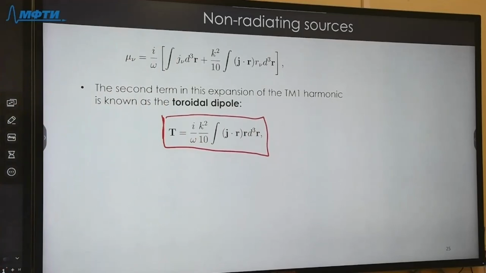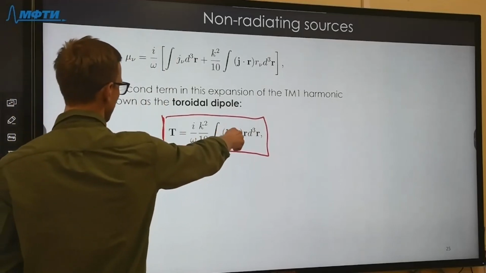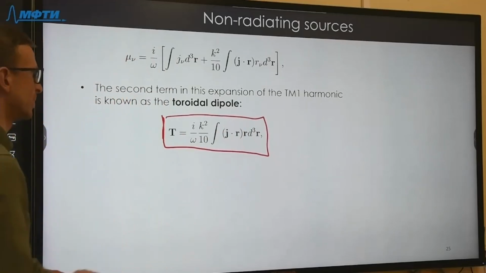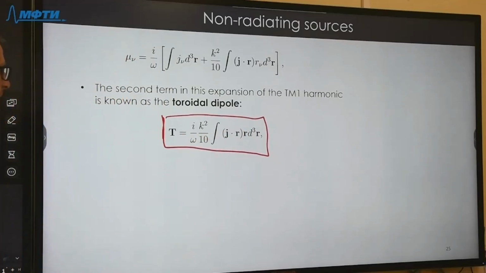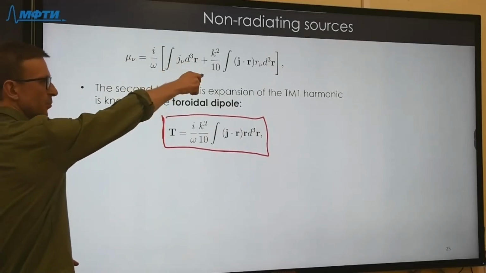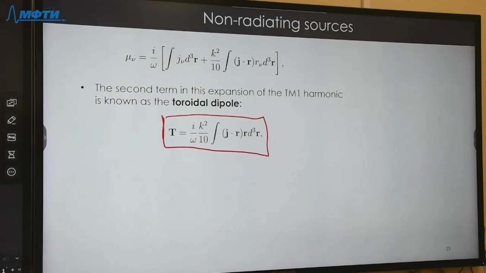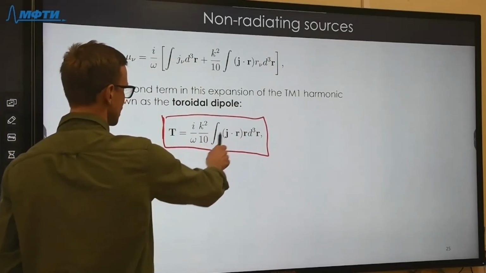But it not only involves current density, it also involves certain dot products and multiplication by the radius vector. Because it enters the formula for the coefficients of the same exact spherical harmonic, it contributes to the amplitude of the same spherical harmonic, but it originates from a different charge distribution.